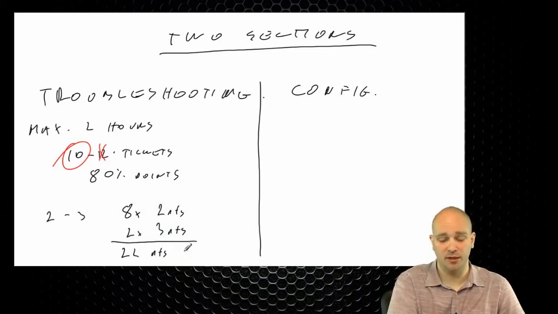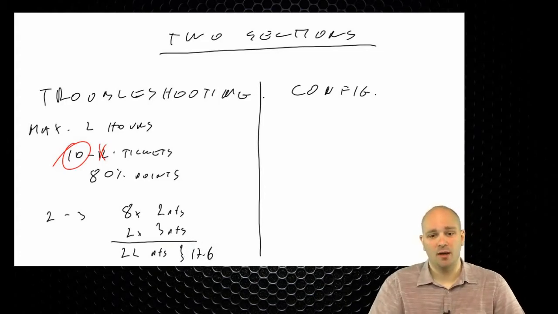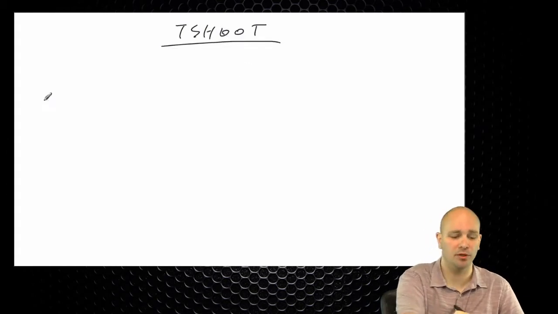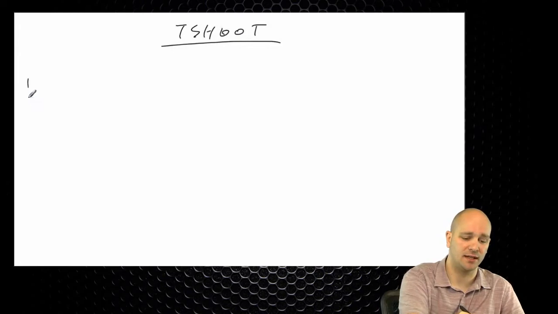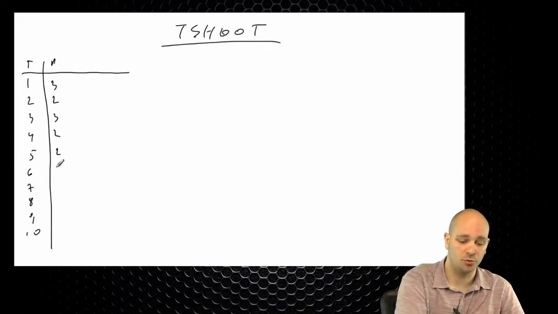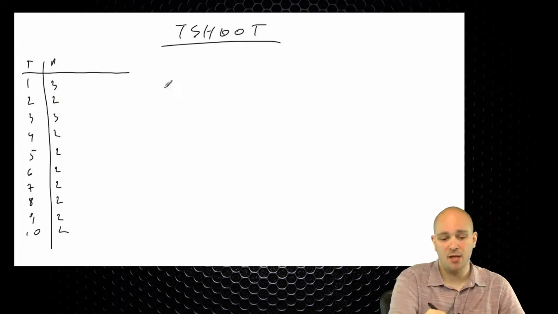Now, 80% of 22 is 17.6. If you want to pass the exam, you need to get 17.6 points. This is a little bit difficult because if you take a look at the layout of the points, let's say you have your 10 tickets, 1 through 10, and the point values are 3, 3, 2, 2, 2, 2, 2, 2, 2, 2.